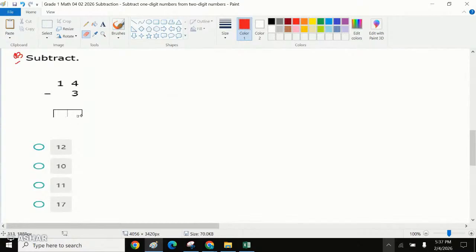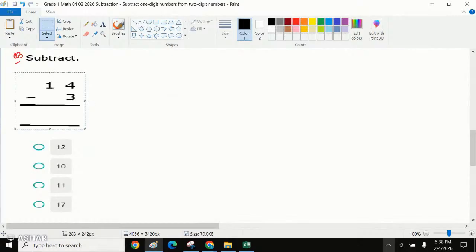And what are the possible answers? The possible given answers are 12, 10, 11, and 17. We know that 17 is not possible. Why? Because 17 would mean we are adding them together, but we need to do subtraction.